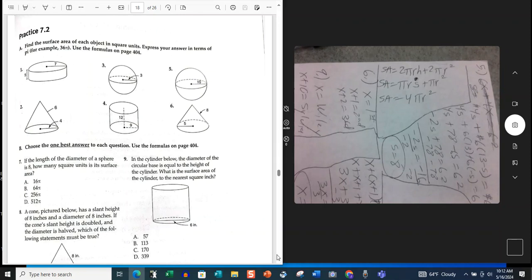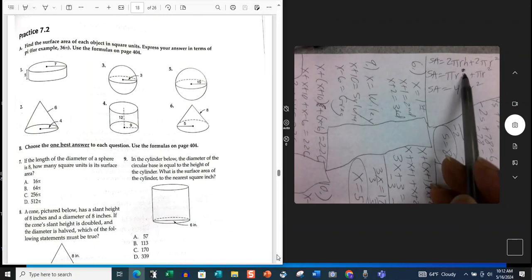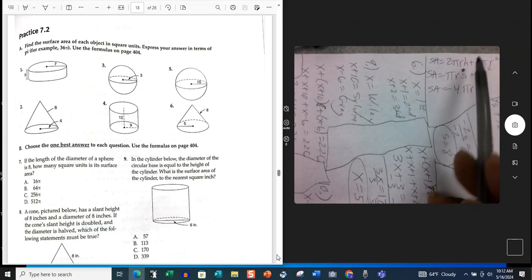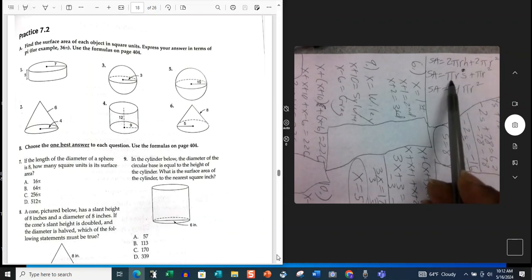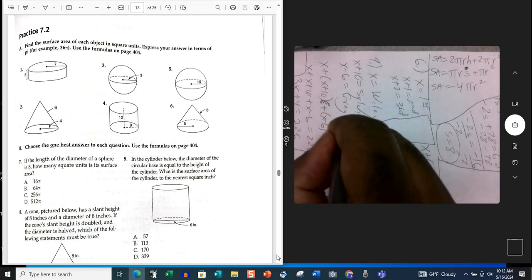So let's first start here. We have the surface area of a cylinder here. Now remember, this is the surface area of a cylinder, this is the surface area of a cone, and this is the surface area of a sphere. So, this is number 1.